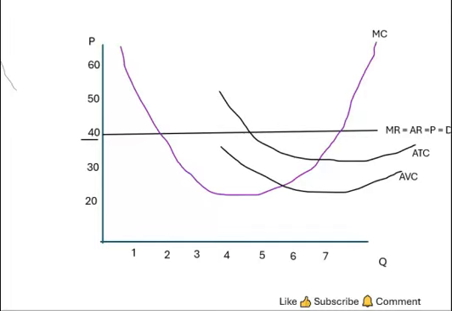And we said that profit is maximized when marginal cost is equal to marginal revenue, and that is at point A. And at point A, the quantity that the firm produces is quantity 7. Let us move the 7 to here.